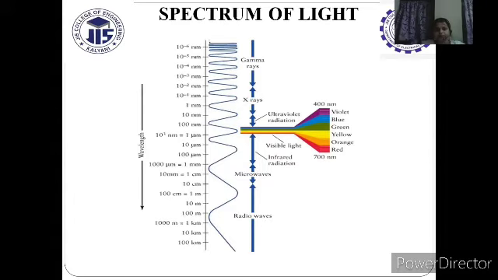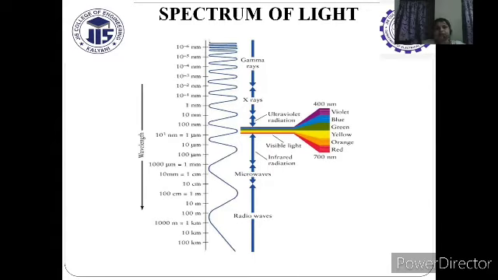First of all, when light enters a prism, it is split into different colors, called VIBGYO: violet, indigo, blue, green, yellow, orange and red. The range between 400 nanometer and 700 nanometer is called the visible spectrum. That means the human eye can visualize anything between 400 nanometer and 700 nanometer.